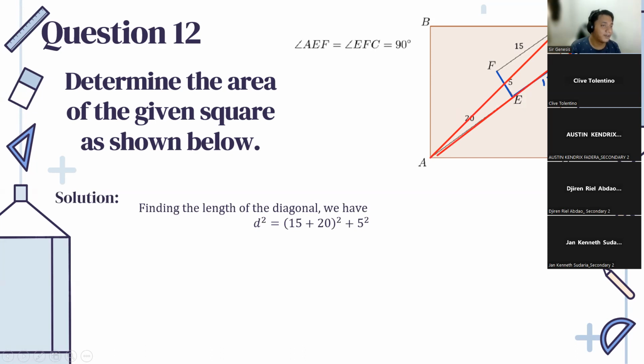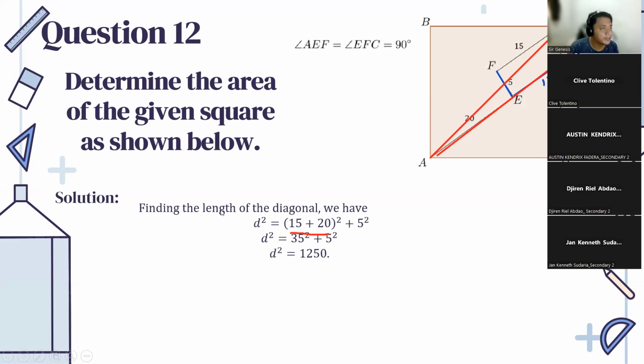We already have a right triangle, so we just need the Pythagorean theorem. We have 20 plus 15 as one side, and we have 5, which is the reflected EF to C. So that will just be 35 squared plus 5 squared, which is equal to 1250. So our diagonal squared is actually 1250.